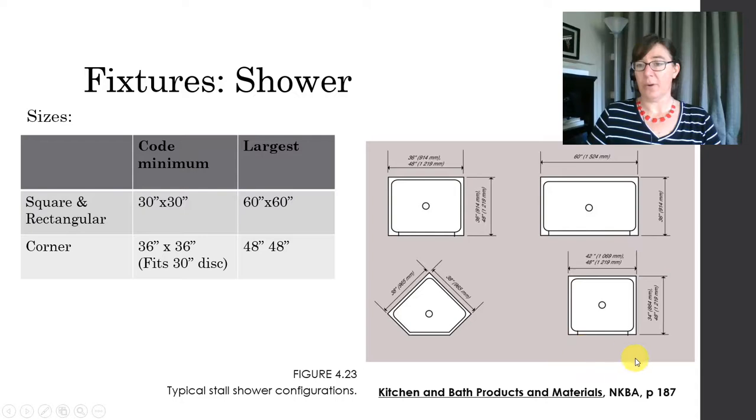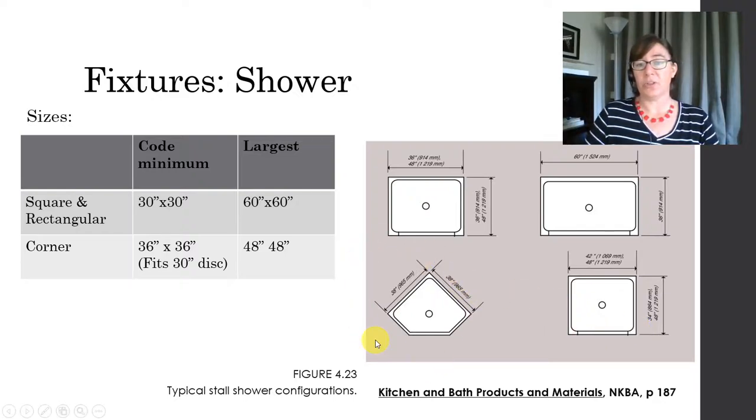Here's a square shower, in this case 42 to 48 inches. There are usually some modular measurements in between them, like every 2 inches or something. Your shower manufacturer will make a variety of sizes.